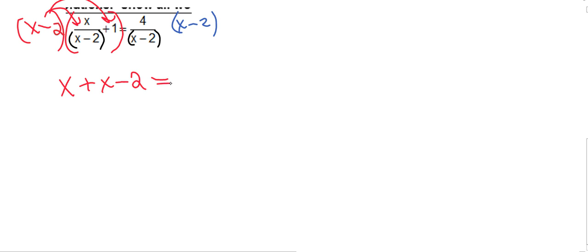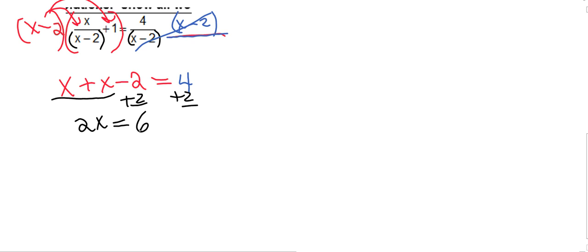And then finally, whenever I multiply this x minus 2 on the right, we get a straight cancellation there, and that's just equal to 4. So now we just have like terms. We can combine x plus x to get 2x, and we could add 2 to this side over here to get 6, and x appears to equal 3.